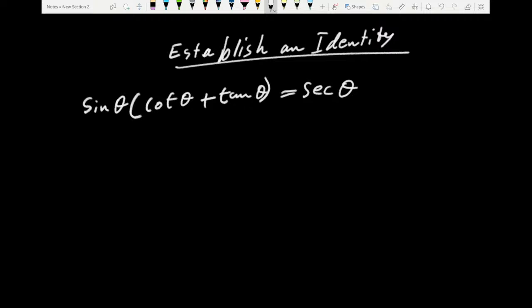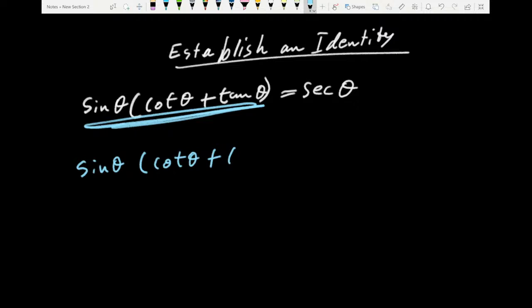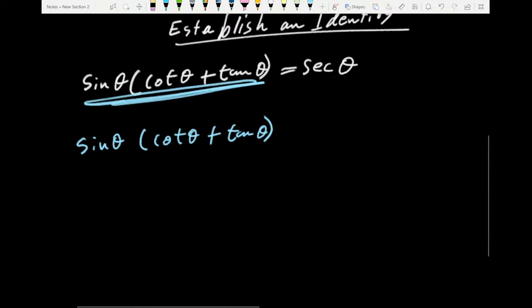To establish an identity, you have to start with one side, preferably the side with more information. So I have sine of theta times cotangent of theta plus tangent of theta. I cannot start with this secant theta. We cannot do that. I'm going to pick one side, work with it, and arrive at the other side.